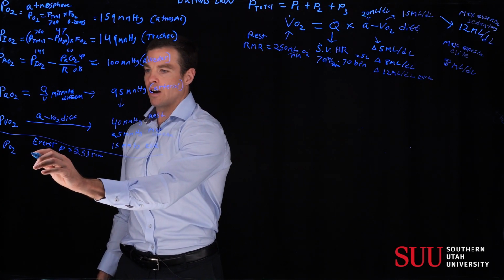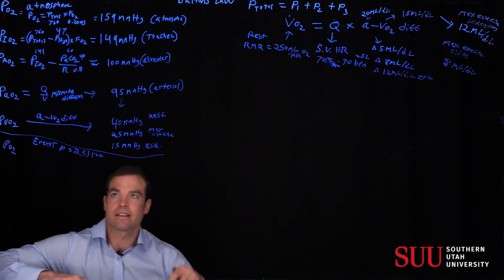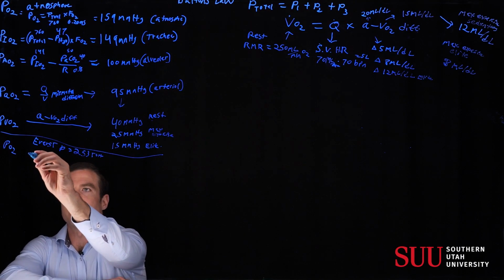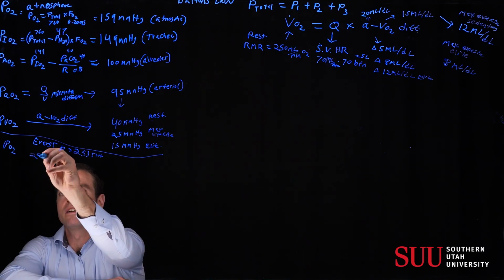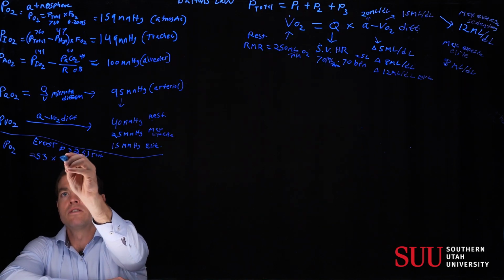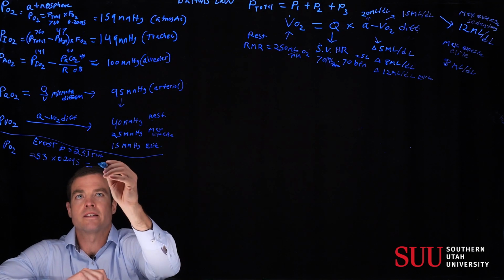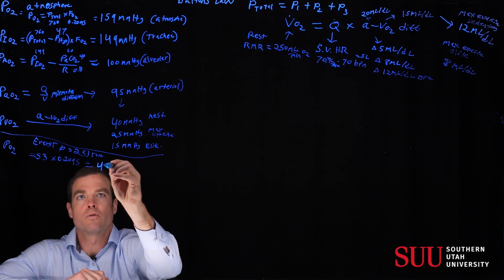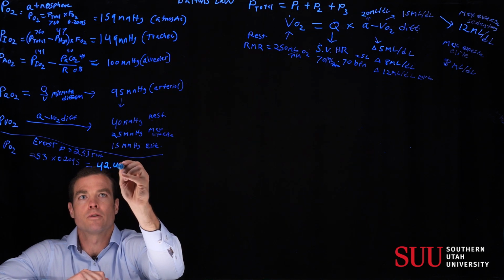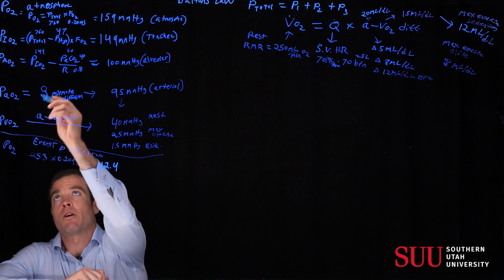We would take our 253 and multiply that by our fraction of O2, 0.2095. Okay, and so if we multiply this out, we'd get about 42.4 millimeters of mercury.